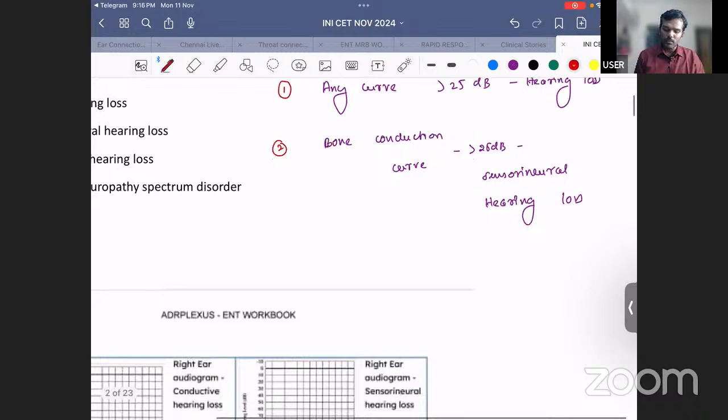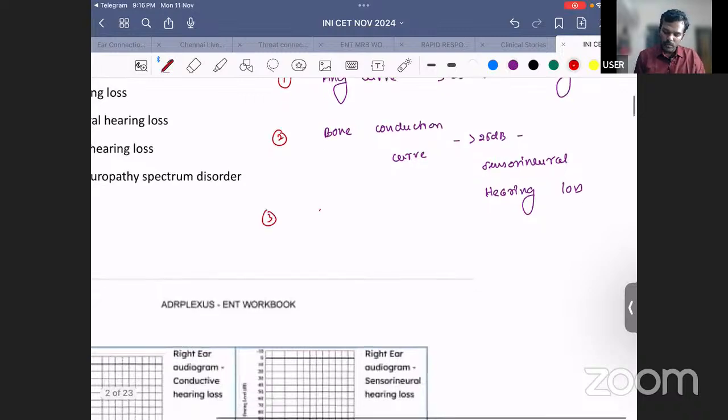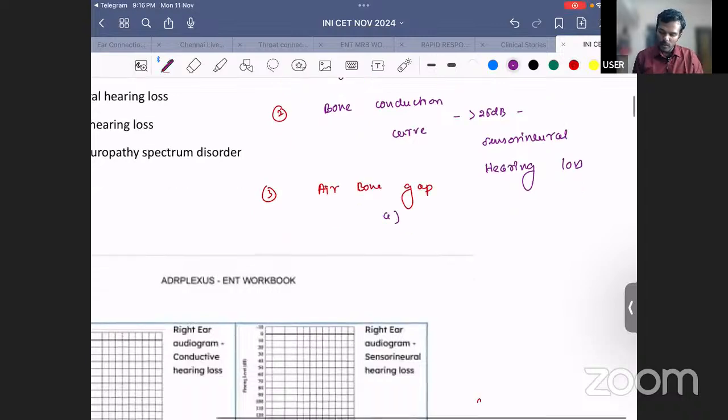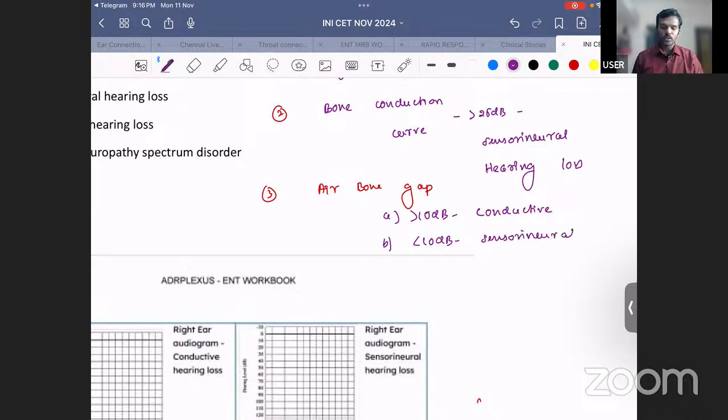The third thumb rule is air bone gap. If the air bone gap is more than 10 decibel, it is conductive loss. Less than 10 decibel is sensory neural loss.